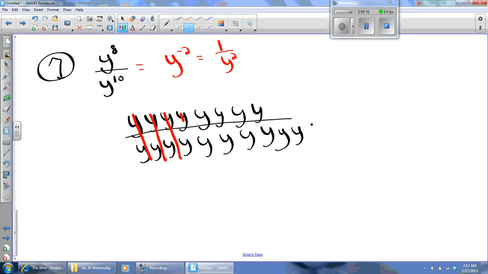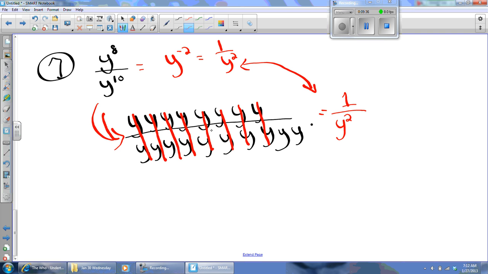These all cancel to 1. Y divided by y is 1. In the numerator, I'm left with 1, because those all turned into 1, right? 1 times 1 times 1, all that's 1. And then y times y downstairs, y squared. Notice I get the same exact answer, right? This is just a long way to explain what's actually going on.